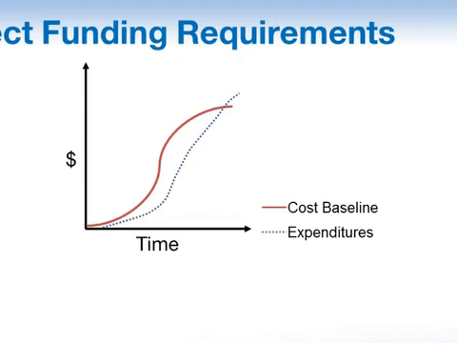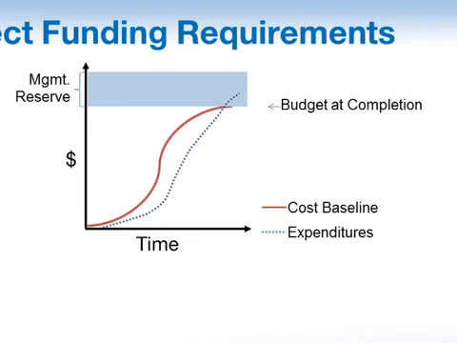The level of the S-curve at the end of the project, by the way, shows us our budget at completion. After we do a reserve analysis, we can also add the management reserve to the cost baseline, which gives us our project budget.